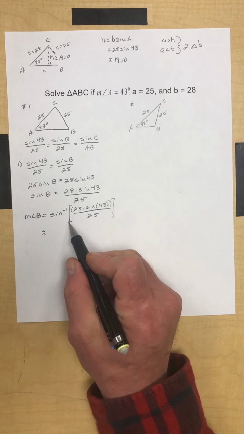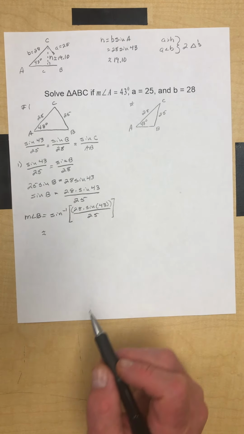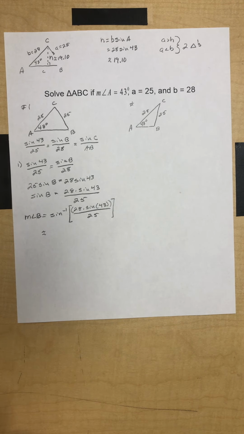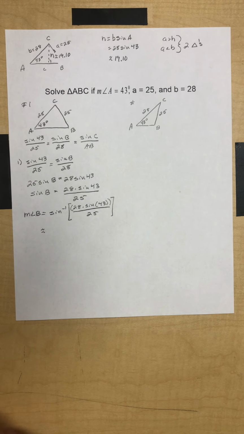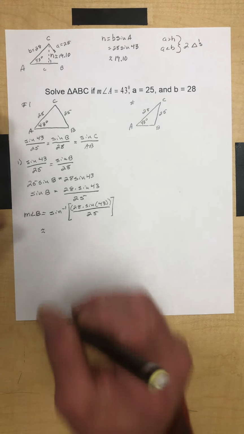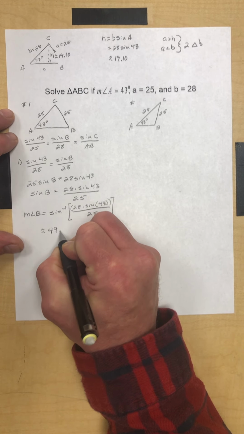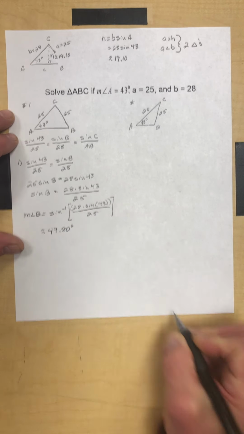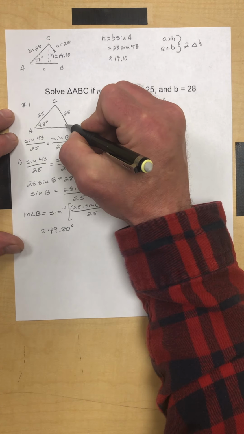That takes care of this one, so I need that one: 28 times the sine of 43. That takes care of that one, then I need that one, divided by 25, and then my last set of grouping symbols. And I am getting 49.80 degrees when it's rounded off to the nearest hundredth. So my angle B is 49.80.